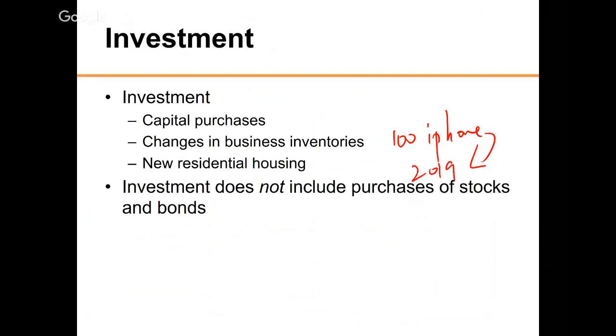Now that will increase our 2019 sales number, right? So even though this is just a carryover of inventory to next year, that's actually part of the investment. This inventory carried over to next year will increase our business in the future. Now, the last one is any type of new residential housing. So when a homeowner buys a new house, this is also part of the investment.